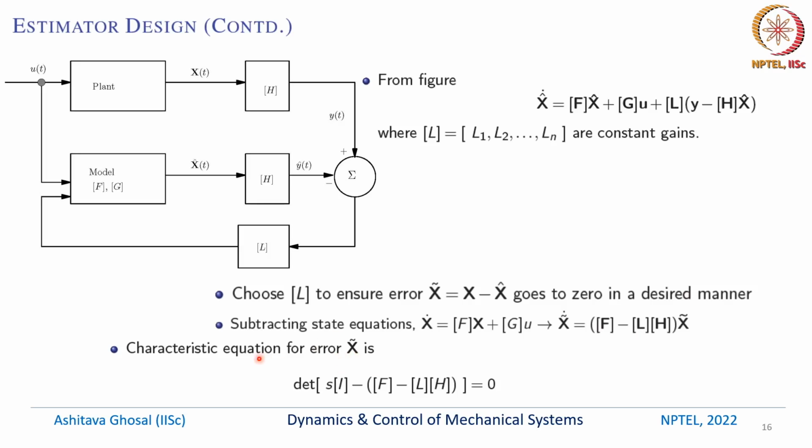So what is the characteristic equation for the error x tilde? That is standard. By now we are very familiar. It is determinant of sI minus f minus LH is equal to 0. So the characteristic equation for x tilde is given by this determinant.